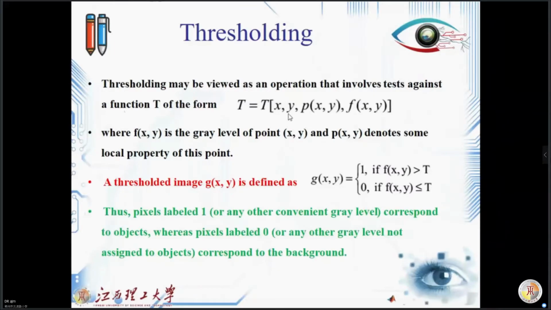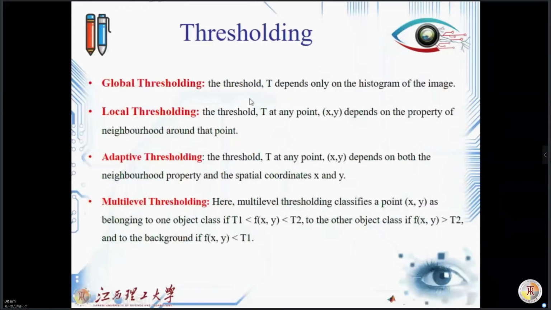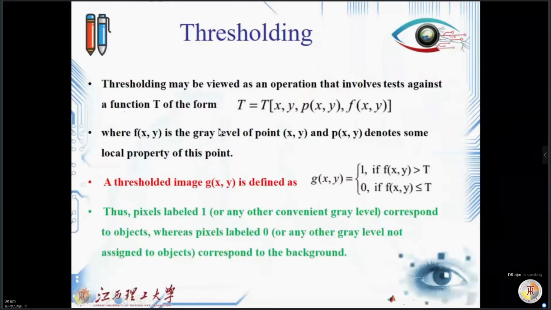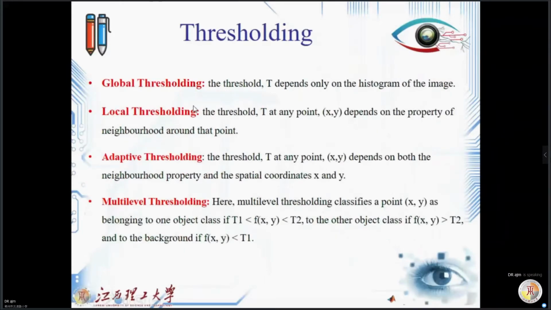Okay, let us go further into this concept. In thresholding, we have some concepts that we should review. We have four types: global, local, adaptive, and multi-level thresholding. What are they? We will see in this slide.